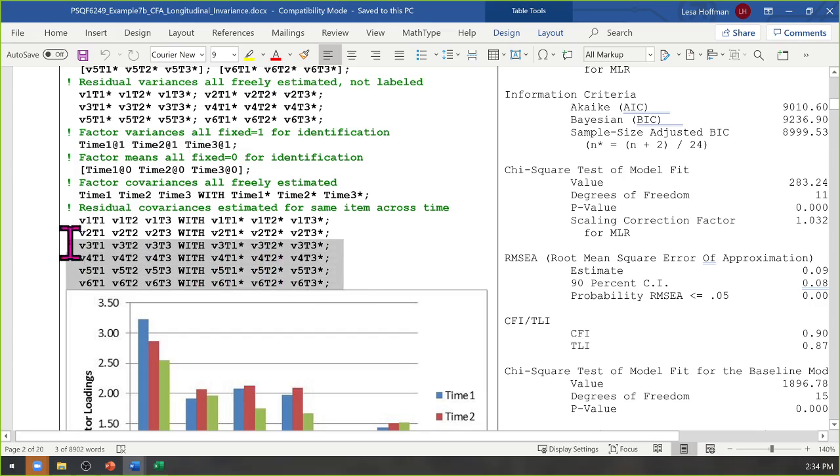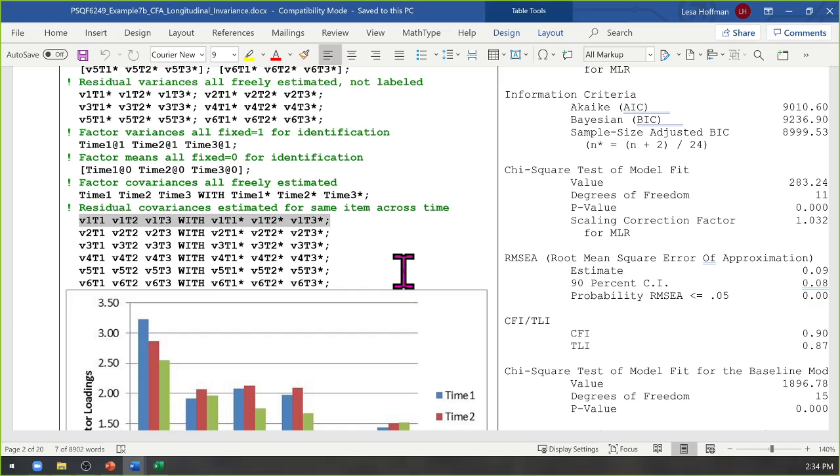Okay. Now this stuff down here, each of these lines pertains to a particular indicator. What that is allowing is that indicator's residuals to have a covariance with that same indicator at a different occasion.